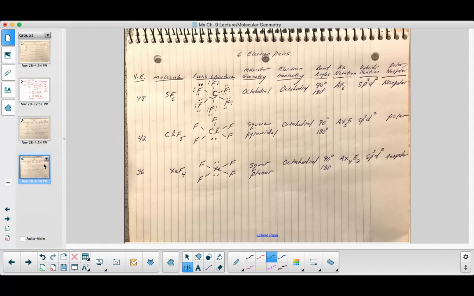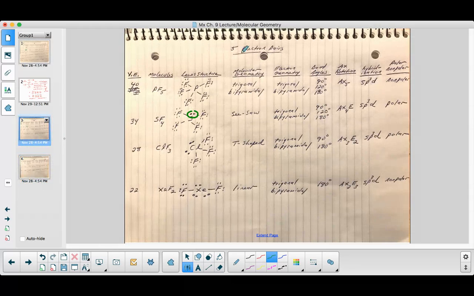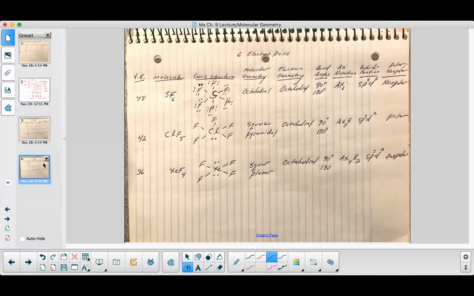And then the last slide here is 6 electron pair molecules. These were 5 electron pairs. These are what we call the expanded octets that we talked about a little bit last chapter, and these are more expanded octets. These are all based on the octahedral shape.